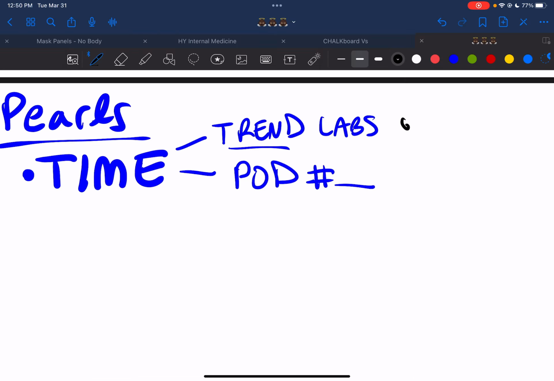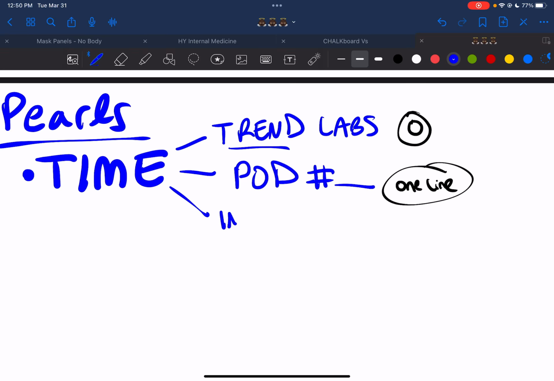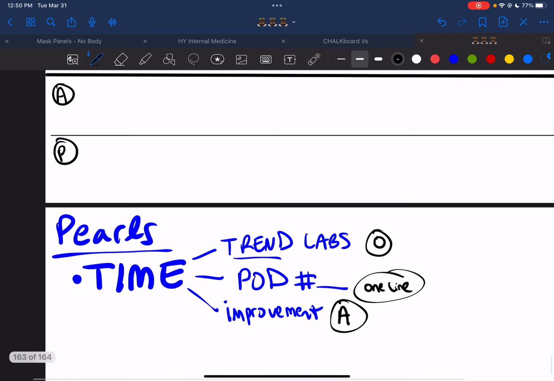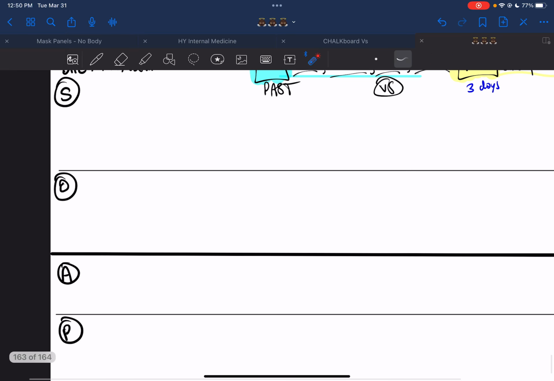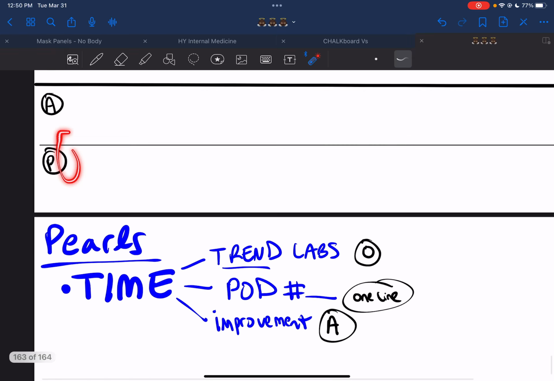In your assessment, it's about timing because you want to say, has this patient improved or not? Have they gotten better or worse? So in all parts of the history, timing is a big thing.